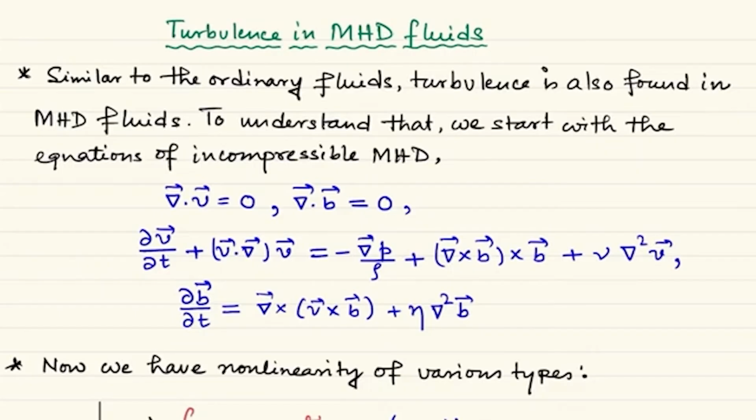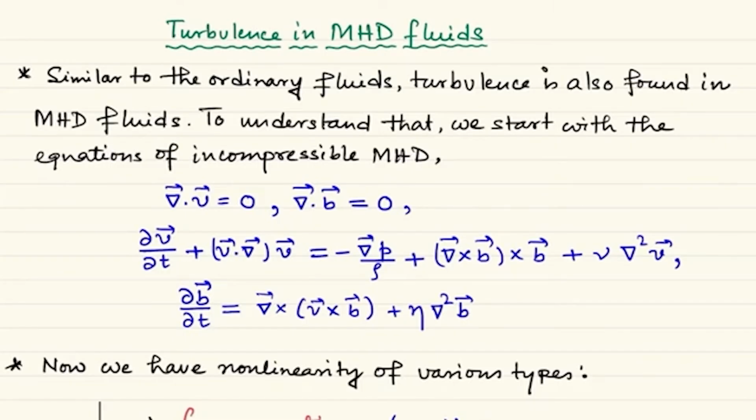So in this framework, we will only constrain ourselves to the discussion of incompressible hydrodynamic and MHD fluids. Although, for your information, in many cases in astrophysics we have to consider compressible MHD turbulence, or compressible hydrodynamic turbulence.